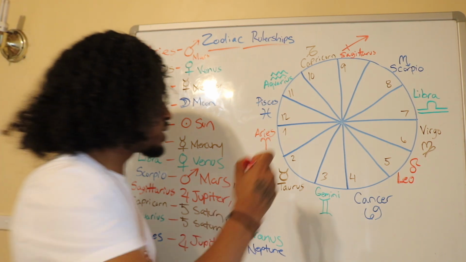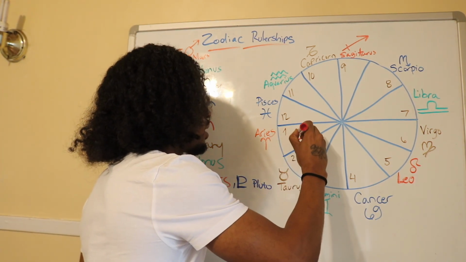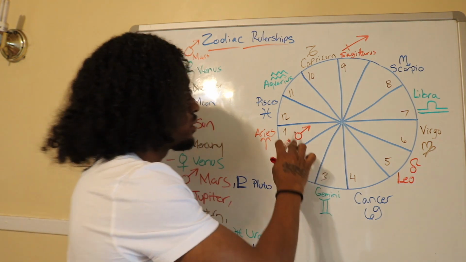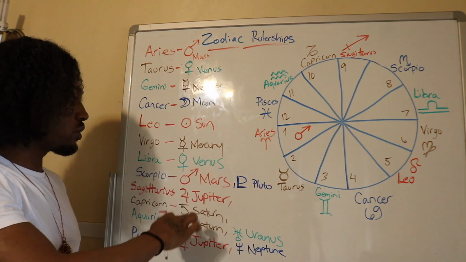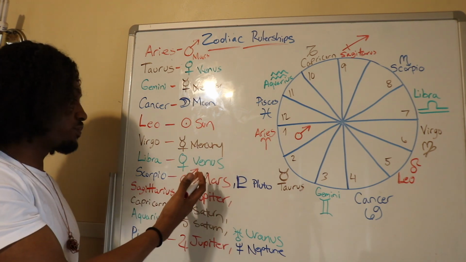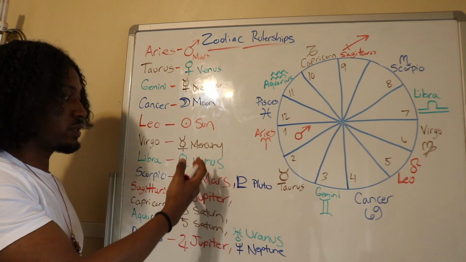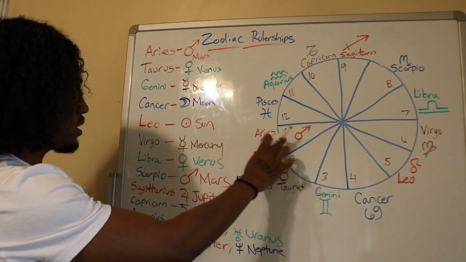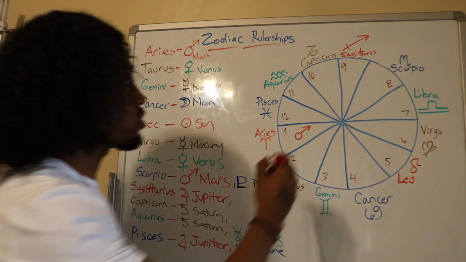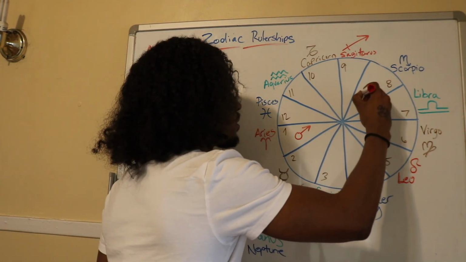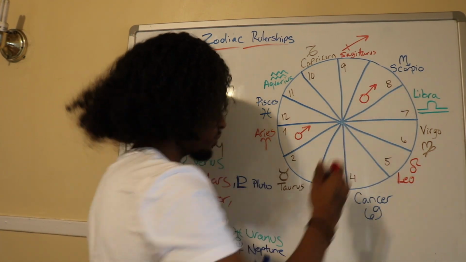So Aries, we said, is ruled by Mars, right? Look over here again if you need to know which glyphs are which planets, basically. So Mars rules over Aries, and it also rules over Scorpio, right?